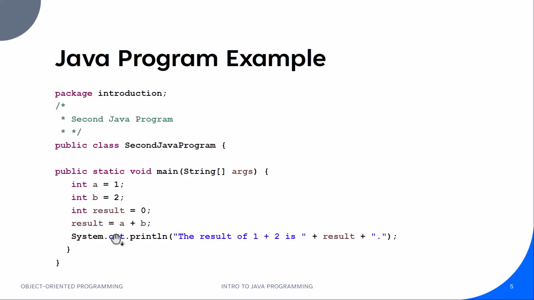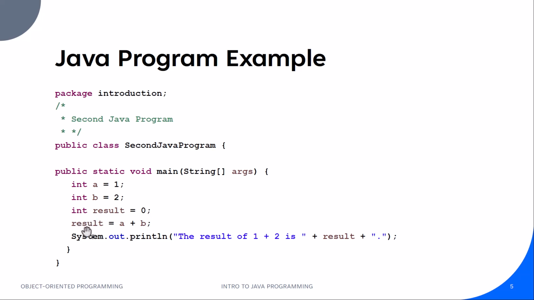And in this program, we are introducing certain integer variables, and we have a variable named a, which is initialized to 1. We have an integer variable b, which is initialized to 2. And then we have a result variable which is initialized to 0.